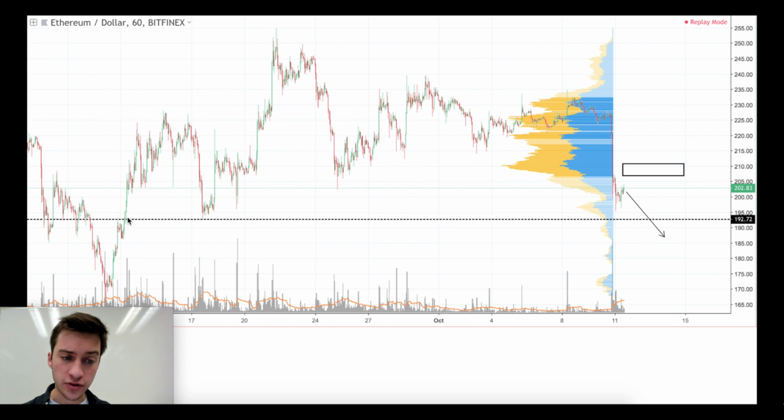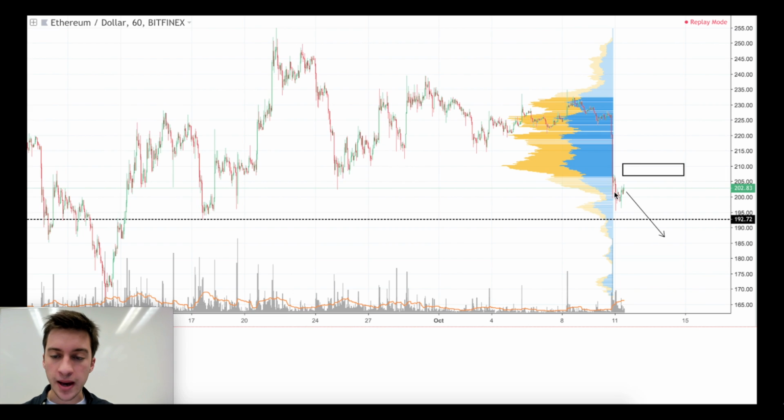It seems like very few traders actually had transacted here, which likely means that when price was rising, maybe there weren't that many limit sell orders, so price had an easy time rising. Potentially Bitcoin was moving up, and Ethereum moved up as well. So what do we expect here? Well, if we didn't have a really heavy amount of buying, then I'm not expecting this price range to be anything special or to find any major support.